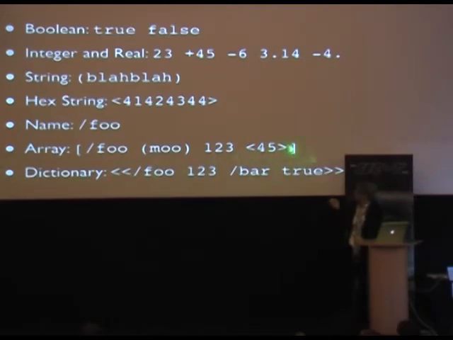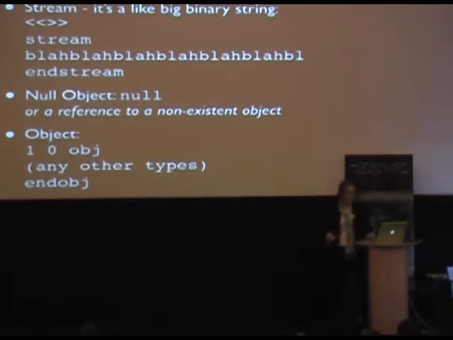Arrays are basically written like this, just lists, and then dictionaries are associative, where it's key value, and so forth. A string is basically just a ginormous string, but instead of having like a 23 megabyte long string, you just put it in a stream or whatever. There's a special null object, and anything that doesn't exist is also automatically null.